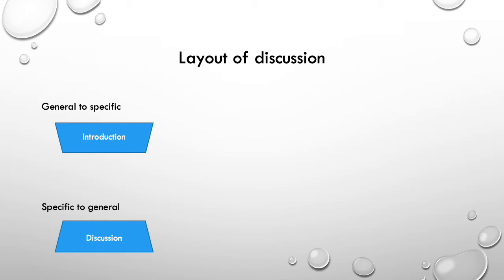We start from specific, which is your results, and then we take it back to general, and hopefully at the end of the paper, we could argue for some general implications. What do your results mean for people in general? For example, what do your results mean for all the students at maybe Osaka University? Some sort of general implications.